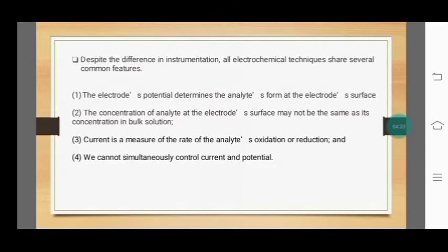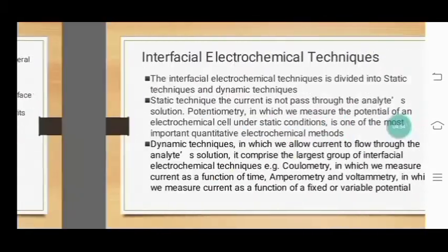Second, the concentration of analyte at the electrode's surface may not be the same as its concentration in the bulk solution. Third, current is a measure of the rate of the analyte's oxidation or reduction. And the fourth is that we cannot simultaneously control current and potential.